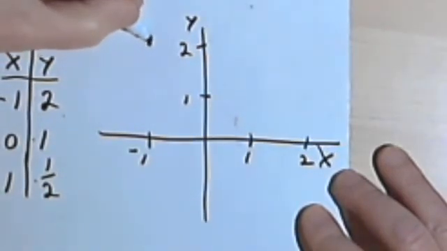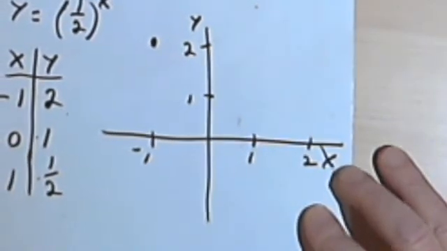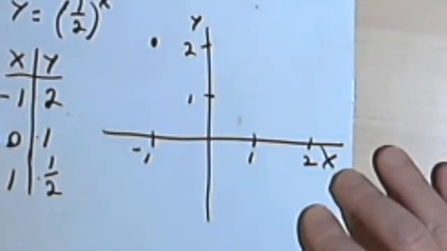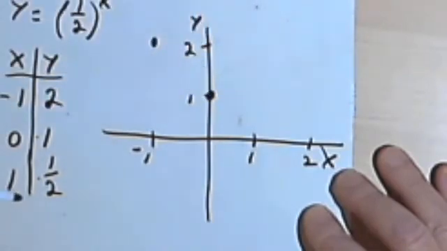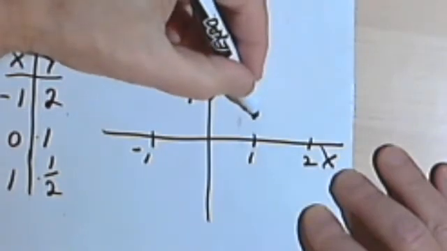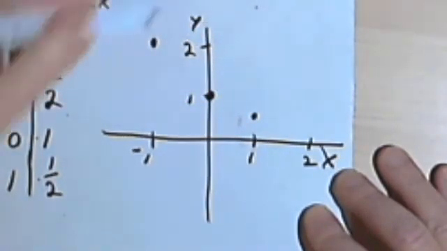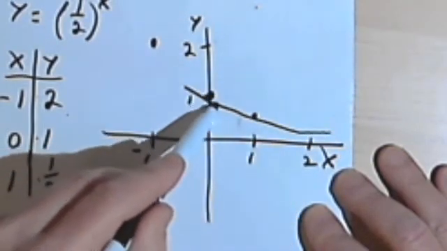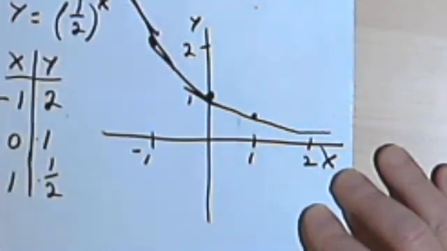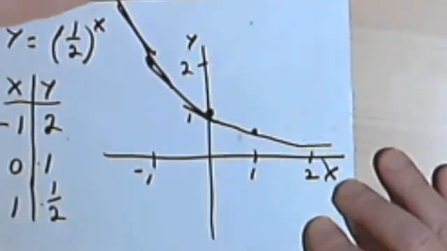So I'm starting up here at 2. When x is 0, well, y is 1. That's my vertical intercept. And when x is 1, y is 1/2. So my graph is going to have a curve that decreases as x gets bigger.